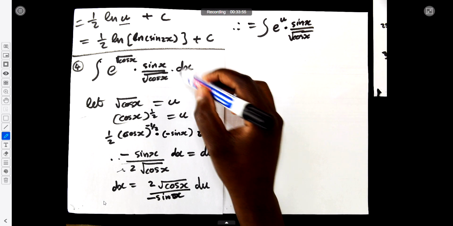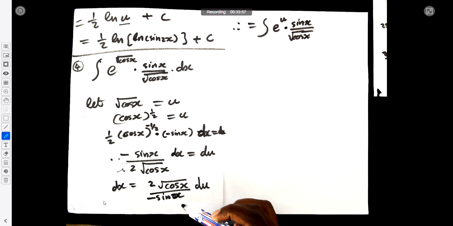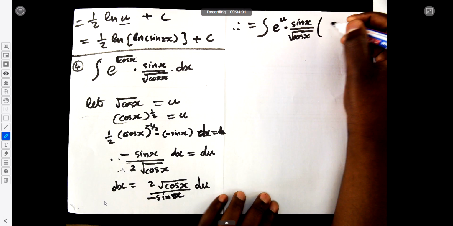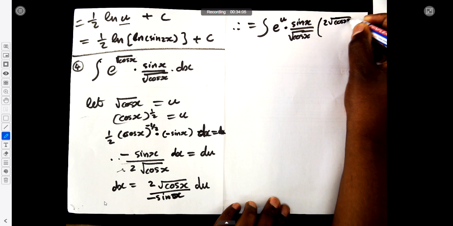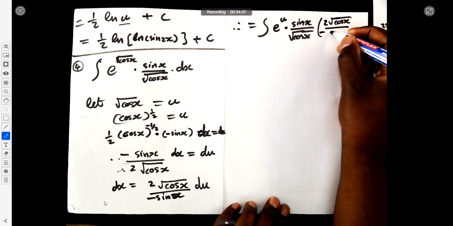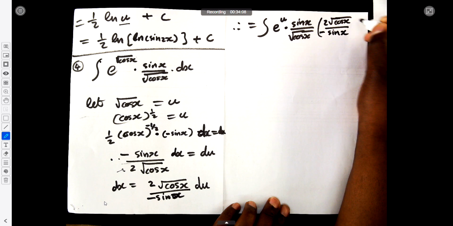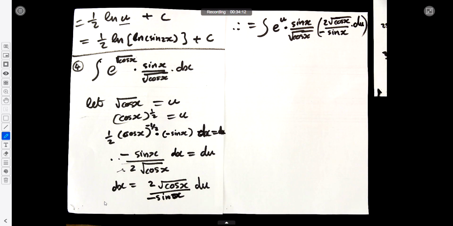So dx we said is equal to 2 root cos x all divided by negative sin x multiplied by du. So we substitute the value of dx, which is 2 root cos x over negative sin x.